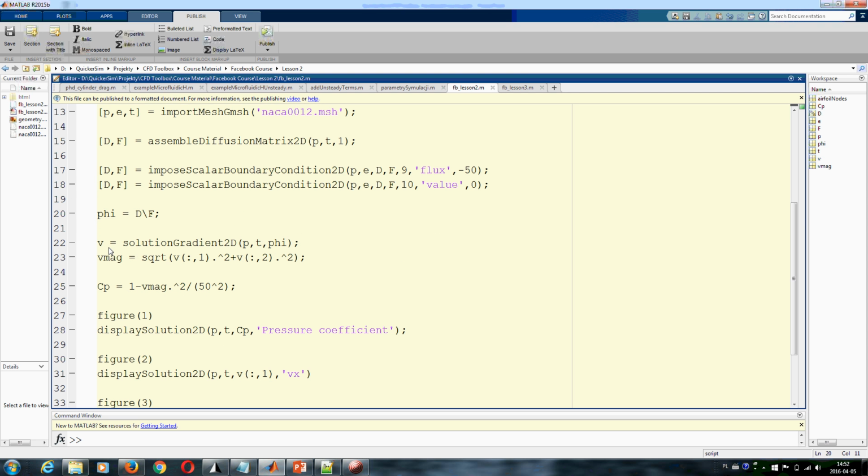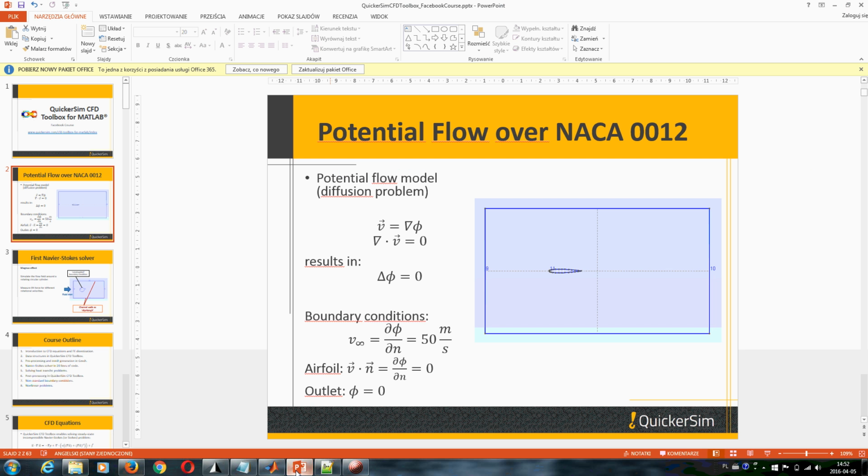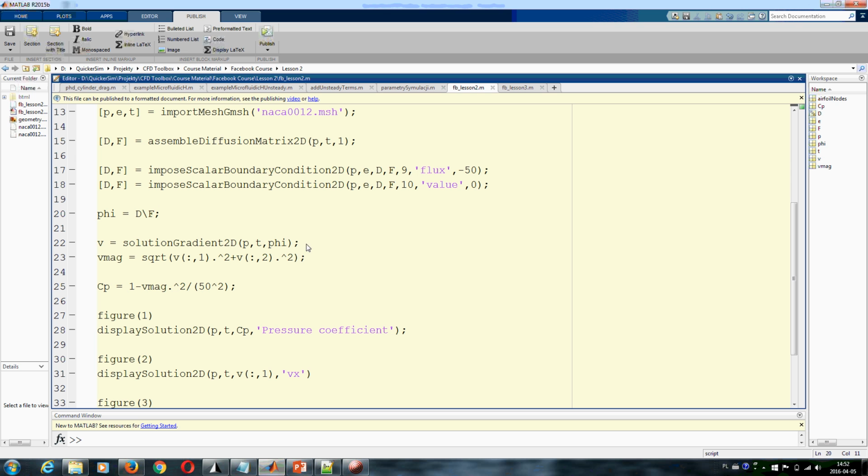And what we do later is we want to check what the velocity field is. So for a velocity field, please notice we need to compute a gradient of phi. That's pretty easy. V, velocity, equals solution gradient to D, to PT.